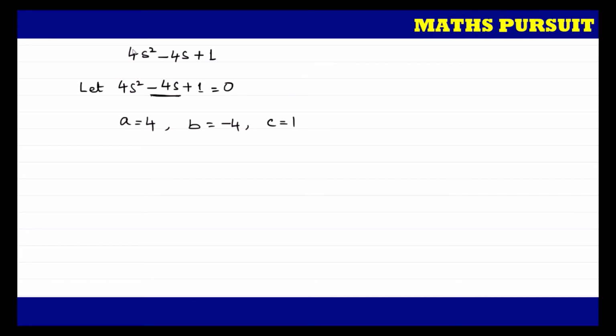And guys, the rule is that we need to find AC. AC is equal to 4 into 1, that is equal to 4, and b here is equal to -4. So we need to find two numbers.